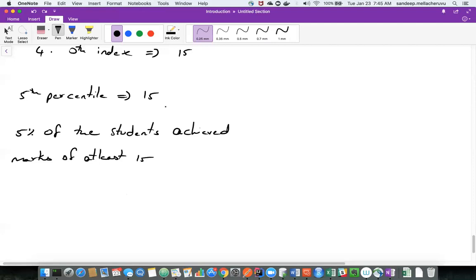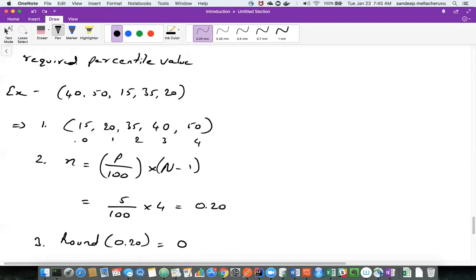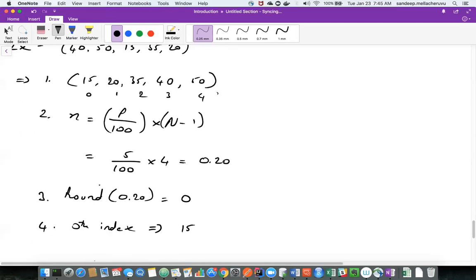Yes, Sandeep. Can you repeat the fourth step? 0th index 15. Can you repeat that one? So 0th index after you sort the data, right? Yeah, so the indexes start with 0. So what you got finally, this is n value, right?